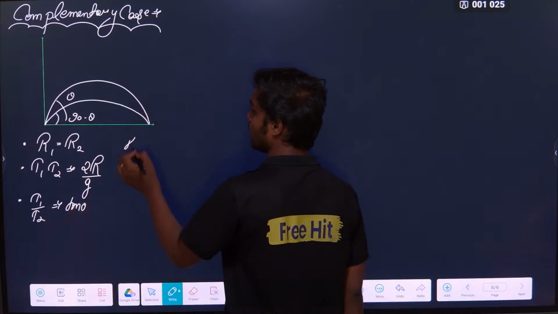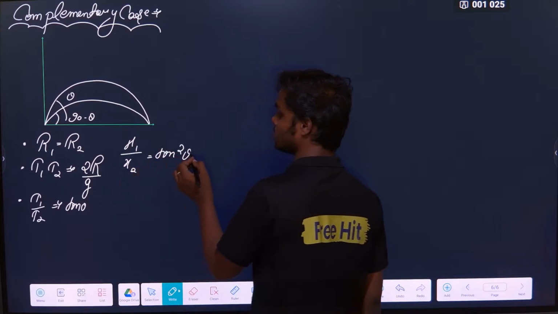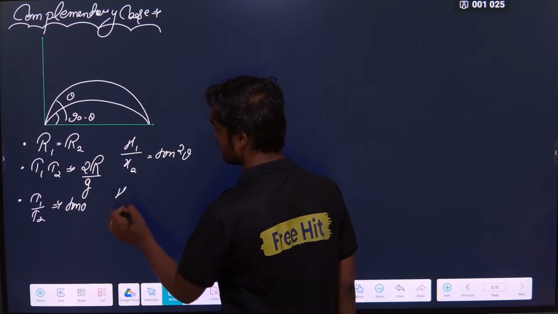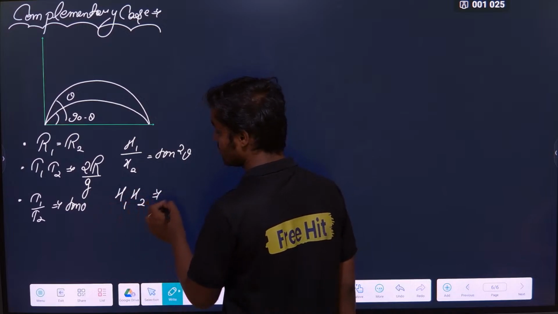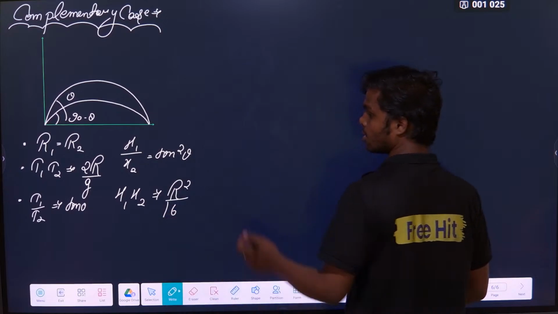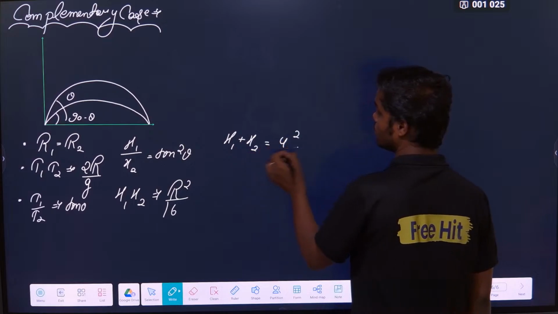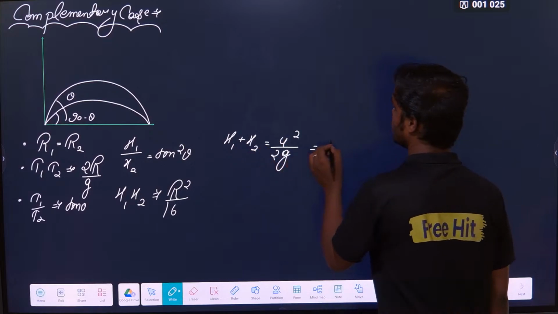The h1 by h2 ratio will be given by tan square theta. If you want, you can prove all these things. The h1 into h2 product will be given by r square by 16, correct?